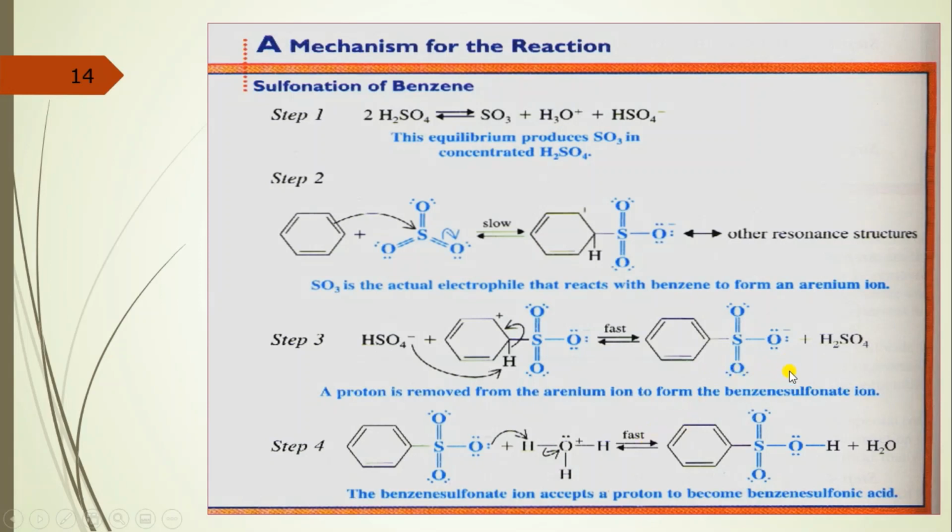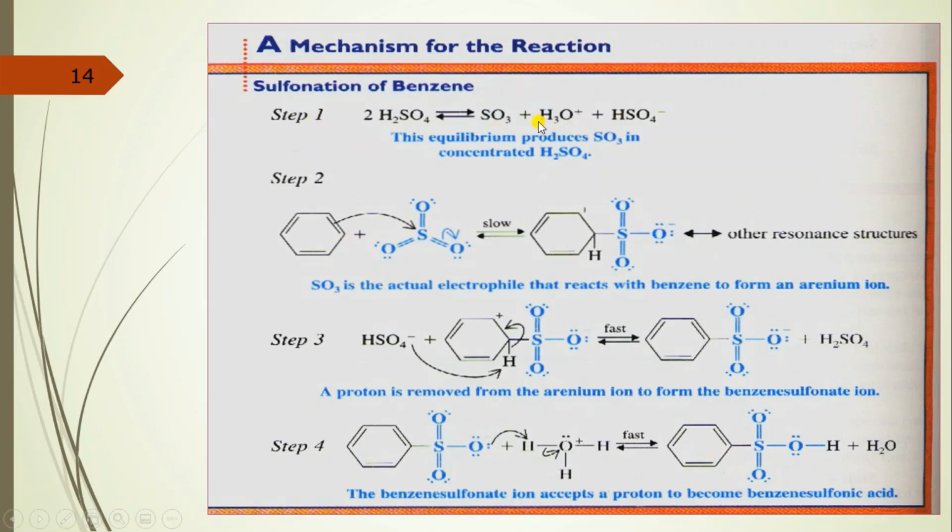A negative charge on oxygen is still there, but since we have the acid in the form of H3O, that O negative abstracts a proton from the H3O, and then finally we have the benzene sulfonic acid. So this is altogether a four-step reaction. First step is the formation of SO3.